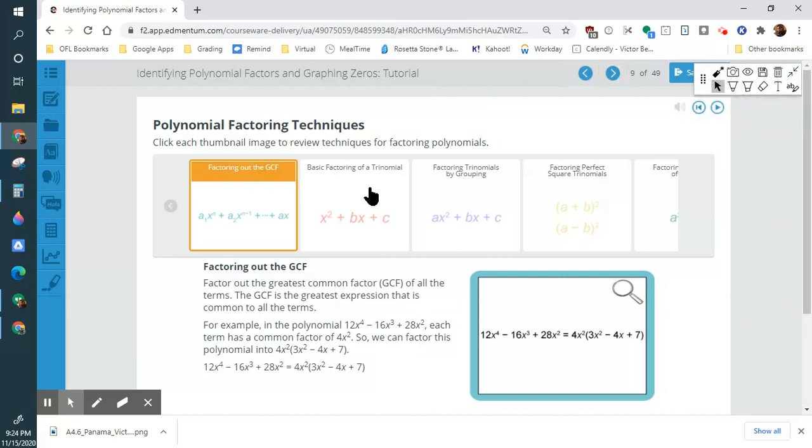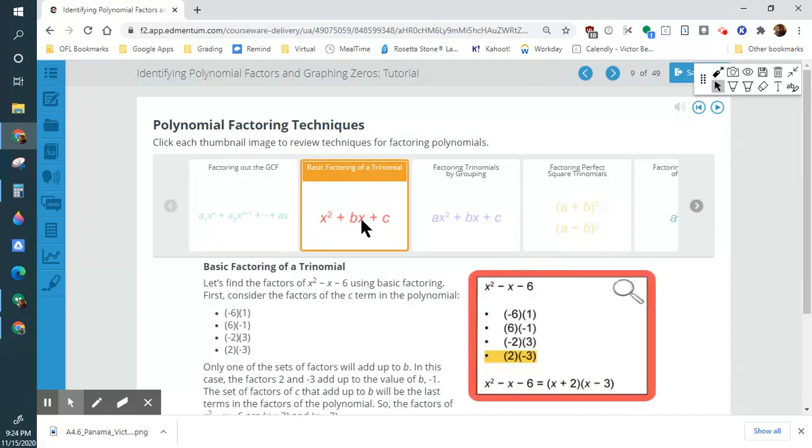So these are rules that you should be familiar with. Factoring out by GCF. So we take a term, we factor out the greatest common factor. Factoring out a trinomial, so this is the box method, or you can use the X method. Usually what they're showing here is what's known as the AC method.